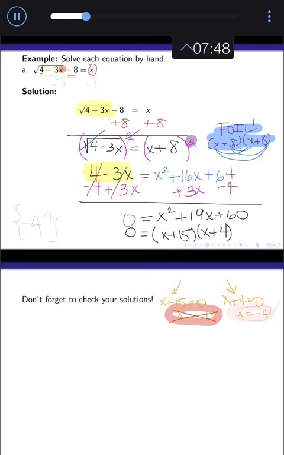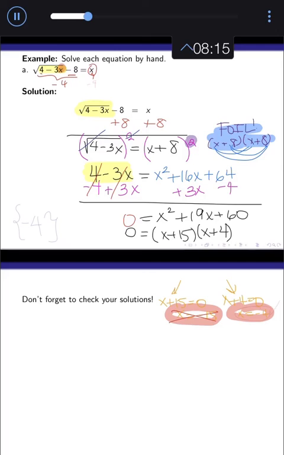Let's check the second answer, our negative 4. Plugging in negative 4 for x, negative 4 times negative 3 is 12. Added to 4 is 16. The square root of 16 gives you 4. Minus 8 gives you, on that entire side, negative 4.